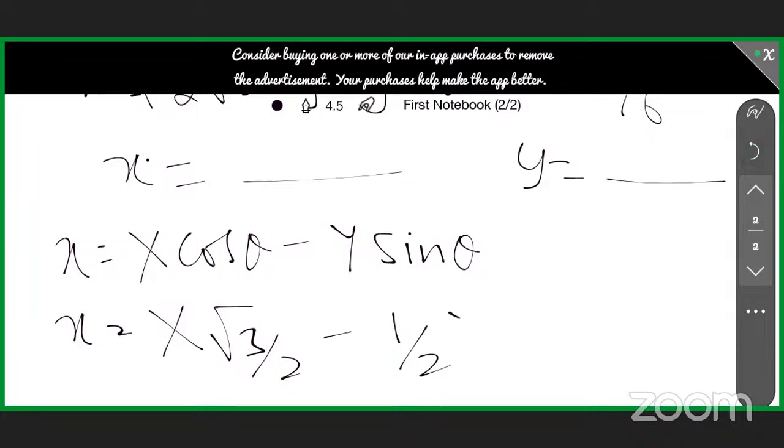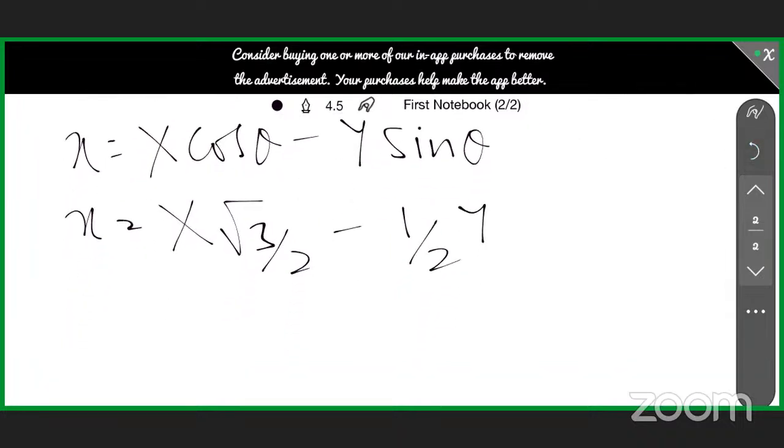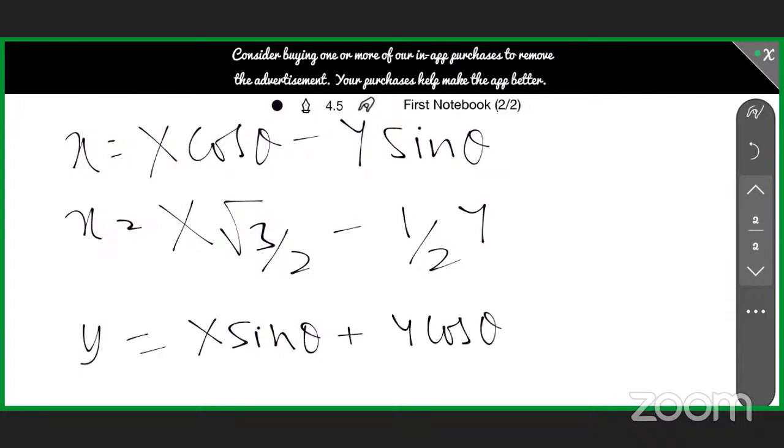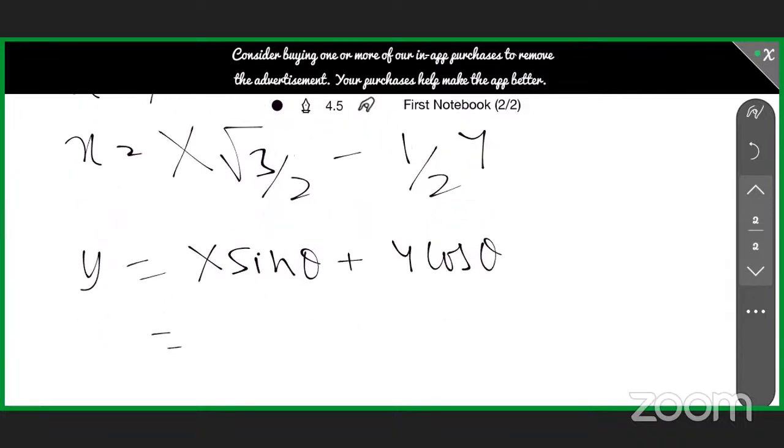Yes, sir. And small y will become how much? Small y will become X sin theta plus Y cos theta. This will be equal to X times 1 by 2 plus Y times root 3 by 2.